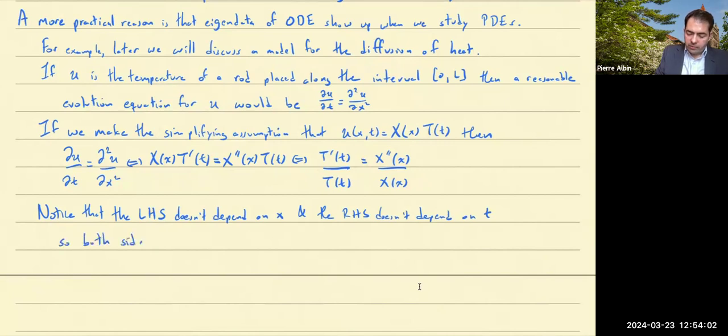So both sides must be constant, right? Because this obviously doesn't depend on x, which means that this cannot depend on x because it's equal to this, right? But this also doesn't depend on t, so it doesn't depend on anything. So it must be constant. And by the same reasoning, this must be constant.